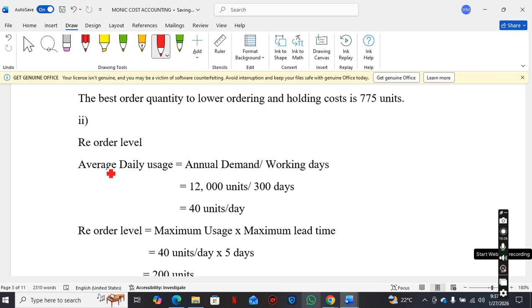Okay, you have to find the average daily usage, because the maximum and minimum have not been given. When we're talking about this maximum usage or maximum consumption, basically how much of the raw material you are using.